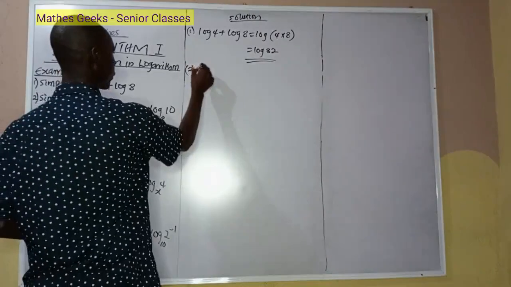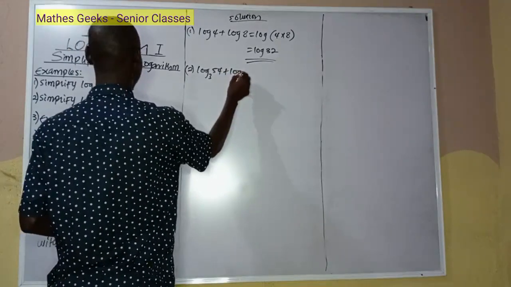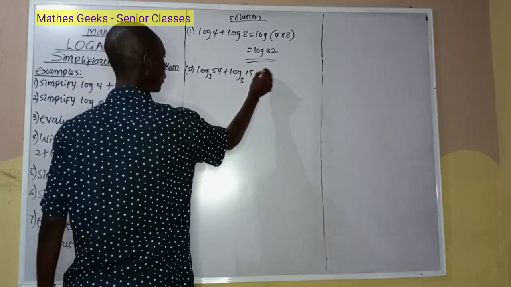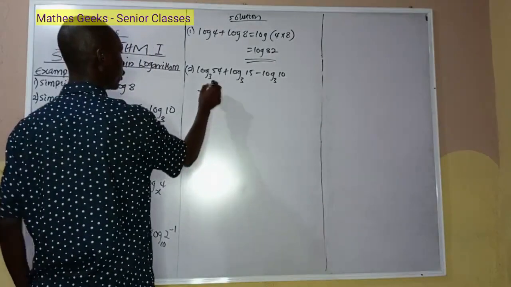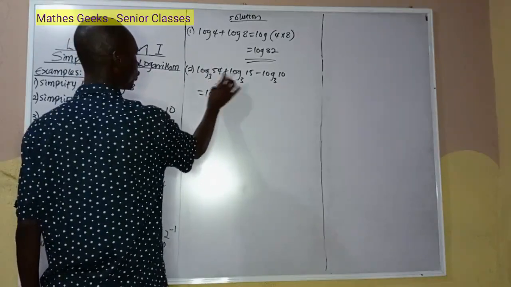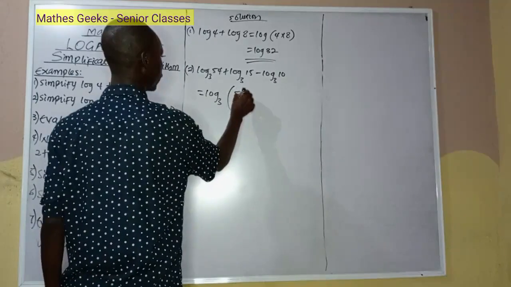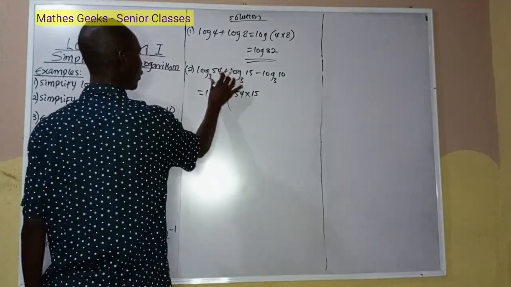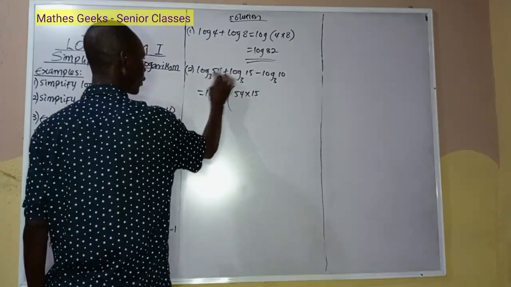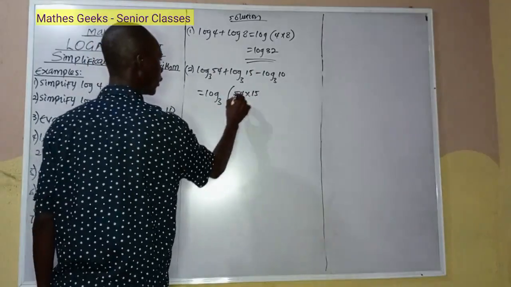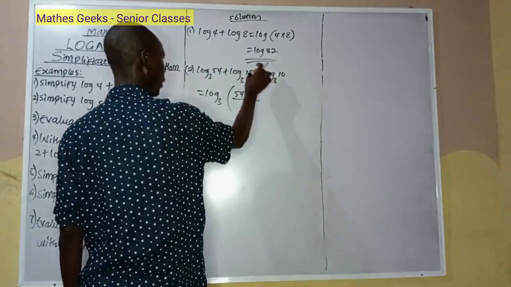Number two, simplify log 54 plus log 15 minus log 10, all to the base 3. That will give us log of 54 times 15, because addition means you multiply the logarithm numbers together, and then you divide by 10, because it has the subtraction sign before it.